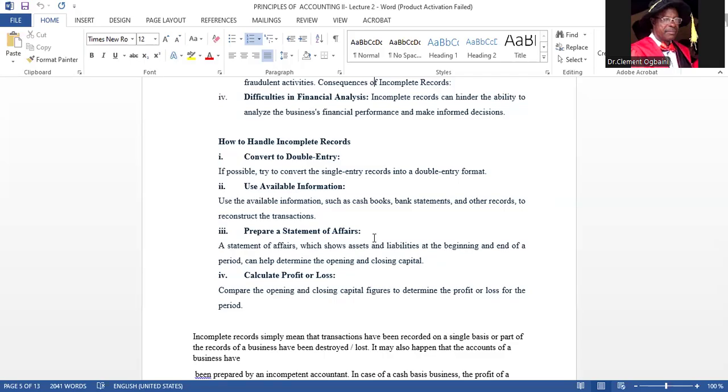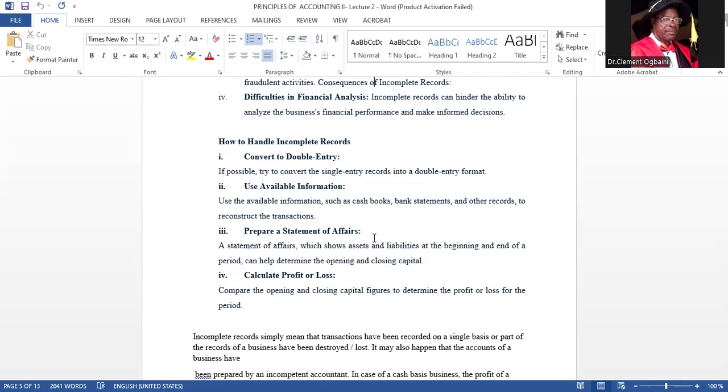So because the records are not complete, you go to when they started this business: what was the total capital? What was the liability? What was the money borrowed from outside? Then you ask, what is the total asset? Because capital plus liability will give you the total asset.